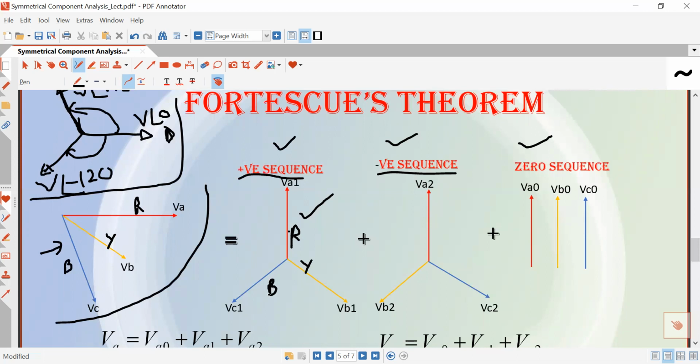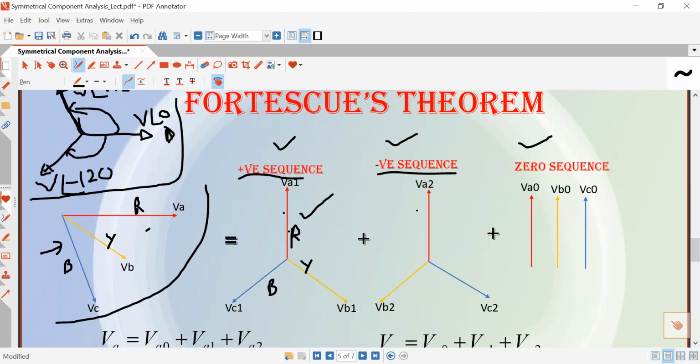Basically, phase sequence is the order in which phase voltages attain their maximum. So the original phasor, which is unbalanced, has phase sequence RYB, and this phasor also has phase sequence RYB. So the phase sequence of this balanced phasor and this unbalanced phasor are the same. That is why this is called positive sequence.